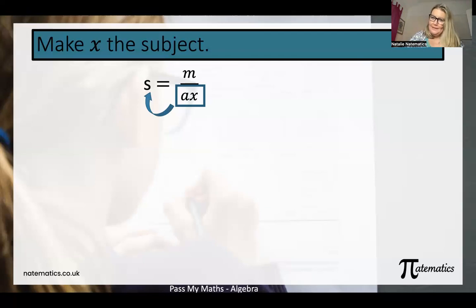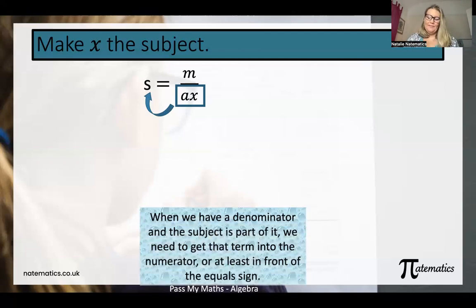So I'm going to give you a couple of little tips, and I can't remember if I did both things here. So what I wrote was, when we have a denominator and the subject is part of it, i.e. the x, we need to get that term into the numerator, or at least in front of the equal sign, i.e. it's down here, here's your line, it's got to get up here, whether it's that side of the equal sign. Okay.